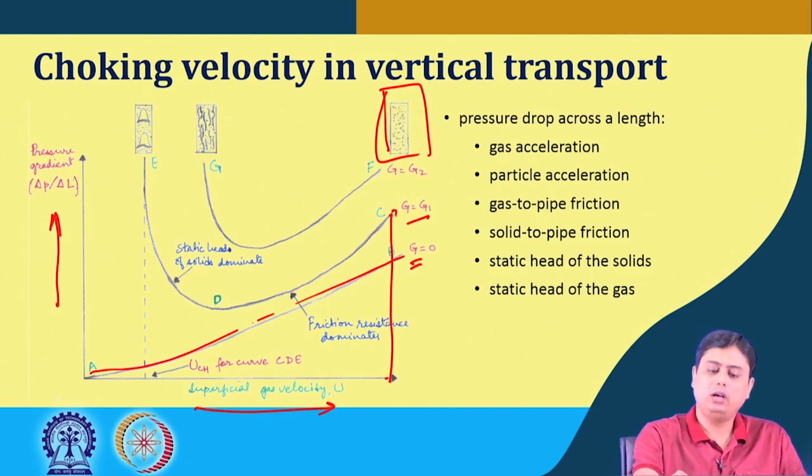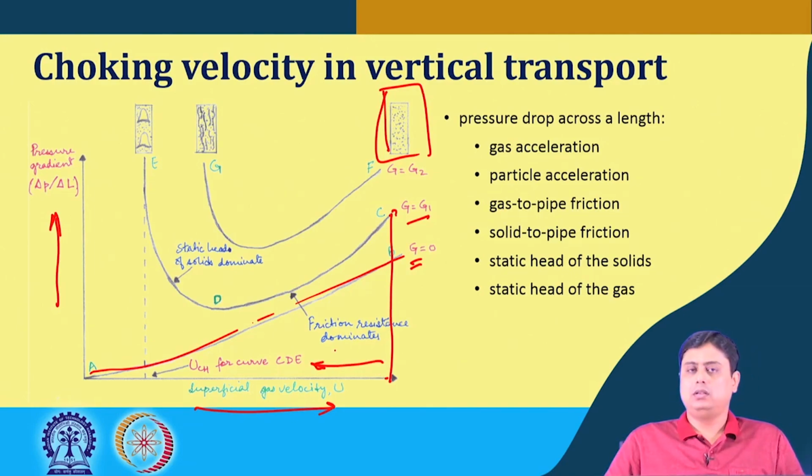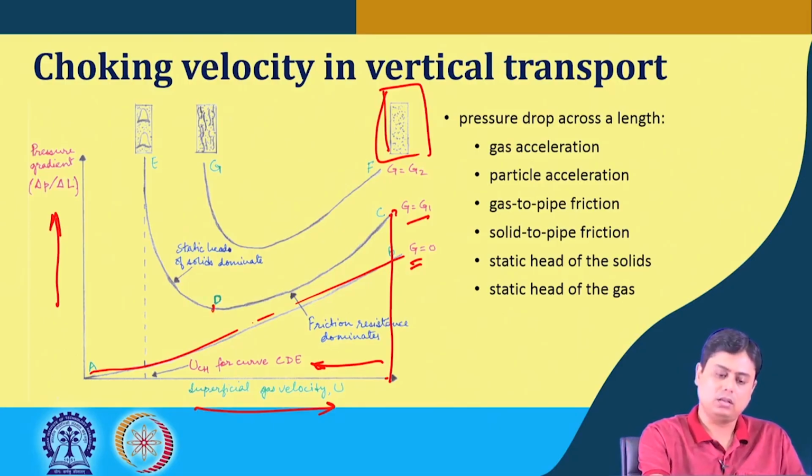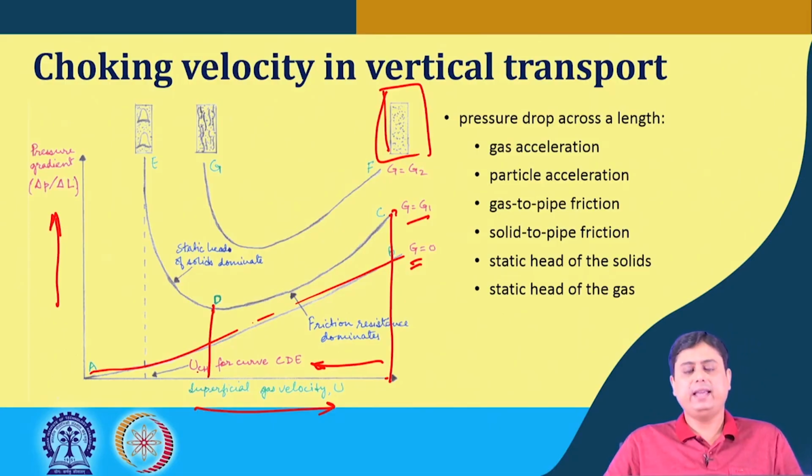Now, as we go down or decrease the velocity, the frictional resistance becomes lower, the pressure drop becomes lower, but after a certain point the static head due to the solid particles becomes dominant and actually increases the pressure drop requirement.